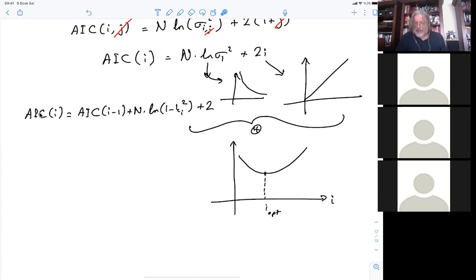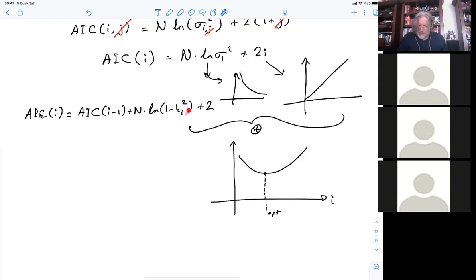For example, if k is close to 1, let's say 0.99, then 1 minus 0.99 is 0.01, whose logarithm is a large negative number. So it will subtract a lot. Plus 2 will still be something negative, which will subtract from the previous Akaike information criteria. As long as this goes in a decaying manner, you continue.